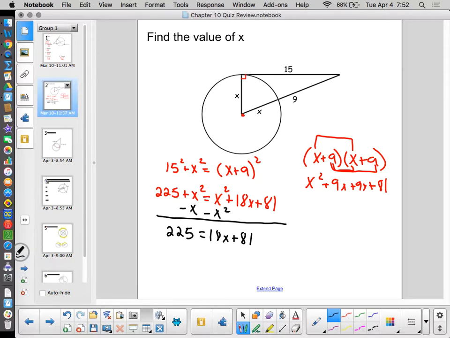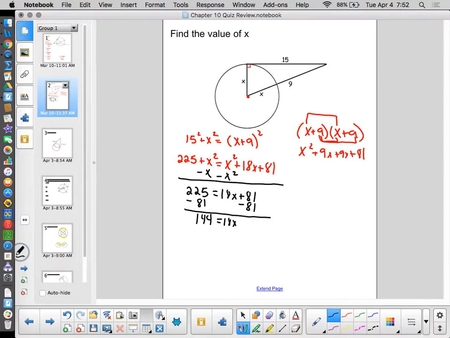Now there's no x squared anymore, so we can just solve this using our normal linear means. Okay, so 144 equals 18x, and what is that? 6? 8, sorry. x equals 8.